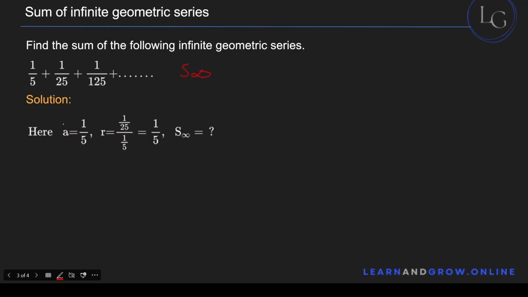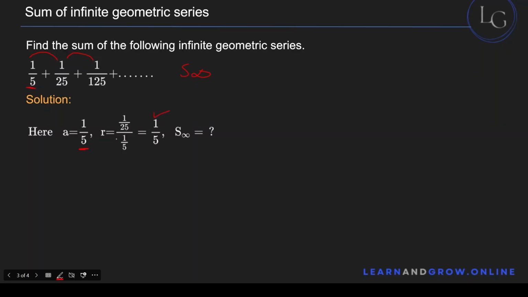First of all, we have the first term, 1 over 5. So a is equal to 1 over 5. Now, the common ratio: you can take the ratio of the second term and the first term, or the third term and the second term, so basically just two consecutive terms. And the common ratio just becomes 1 by 5. r is equal to 1 by 5.